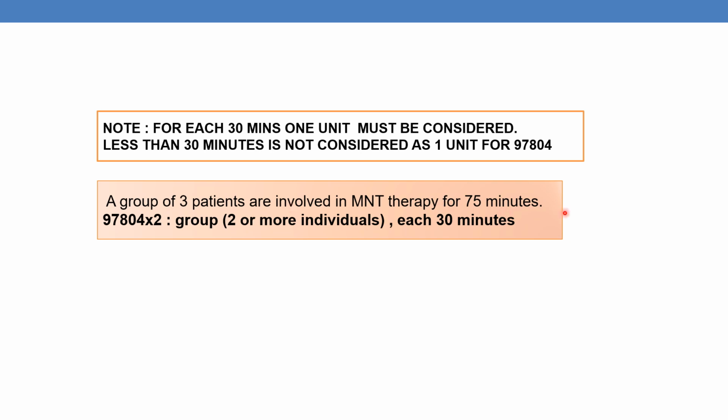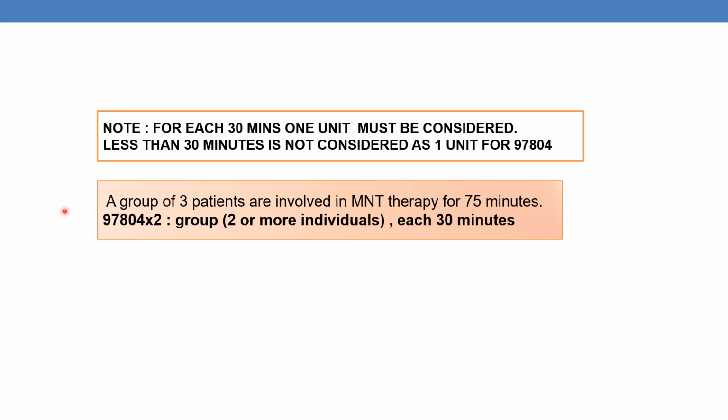It makes up to 60 minutes and additionally 15 minutes will be remaining. And since it is less than 30 minutes, you should not code 1 more unit for those remaining 15 minutes. So whenever it is 75 minutes, you need to code only 2 units of 97804. So the correct answer is 97804 into 2 units, which indicates group, 2 or more individuals for each 30 minutes.